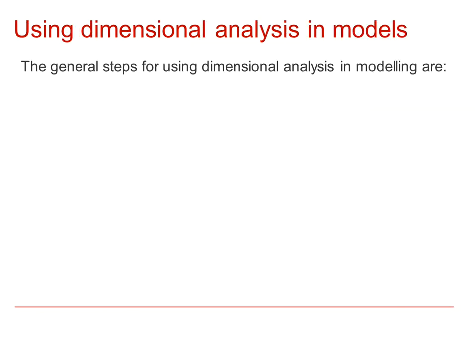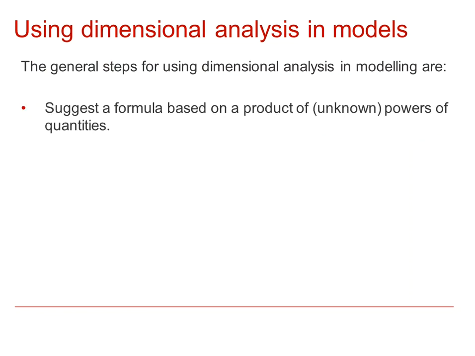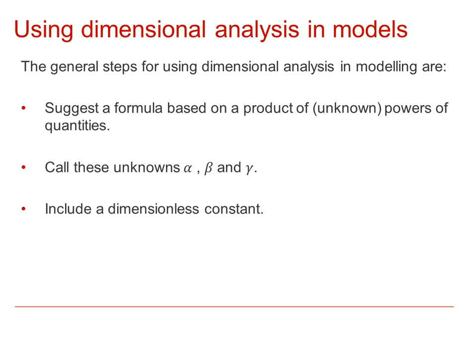First of all, based on our knowledge of the situation, we try to come up with a formula which is a product of the quantities and powers of those quantities that we think might affect the situation. We call these powers alpha, beta, gamma, etc. And then we probably would include a dimensionless constant, usually something like k.